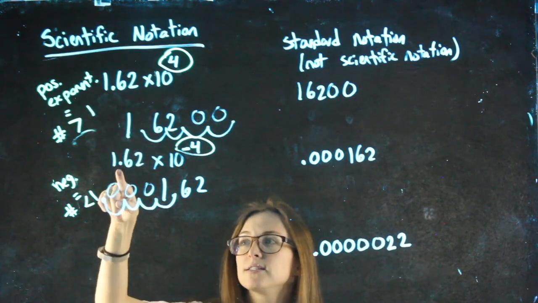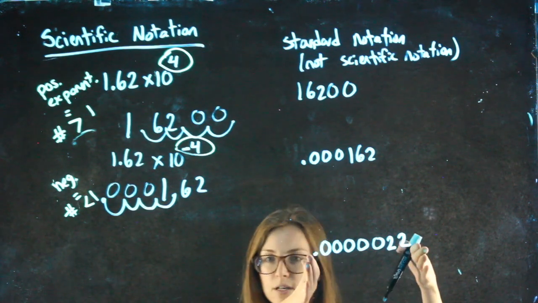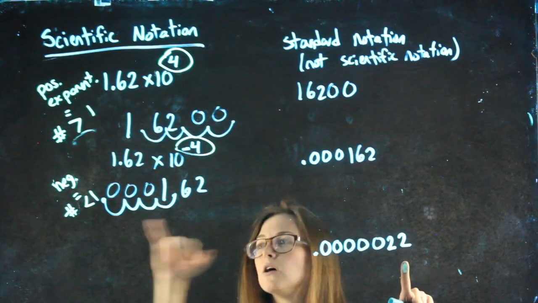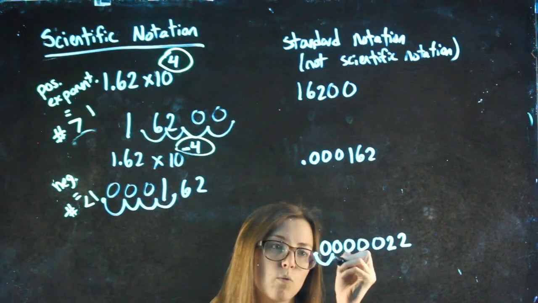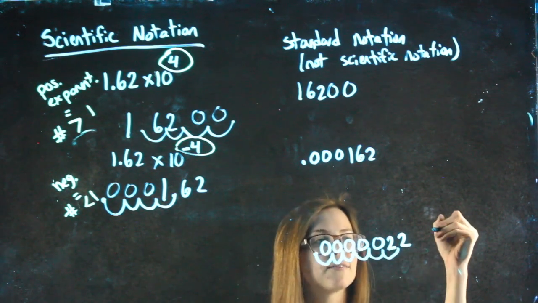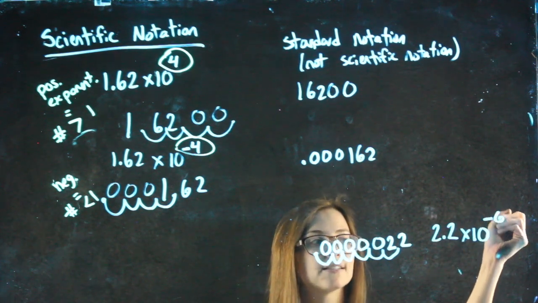One number that's not 0 in front of the decimal. So first ask myself, is this number bigger than 1 or less than 1? Less than 1. So my exponent better be negative. How many times do I have to move it? 1, 2, 3, 4, 5, 6. So in scientific notation, this would be 2.2 times 10 to the negative 6th.